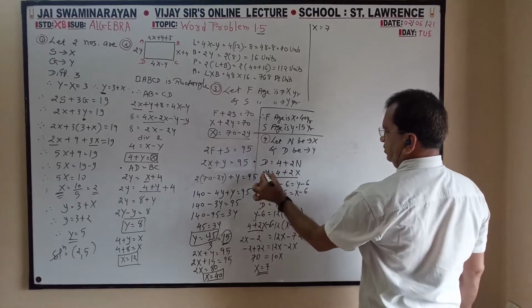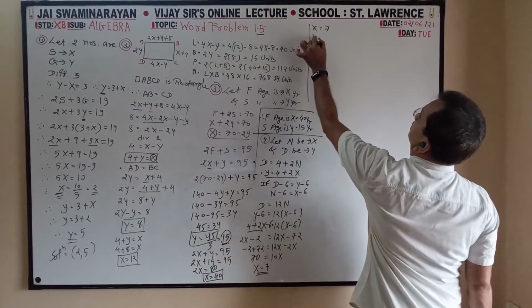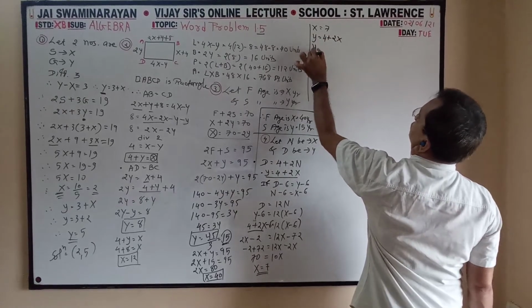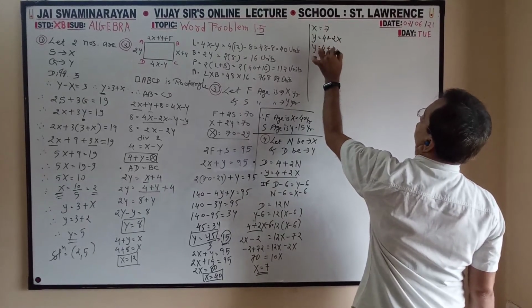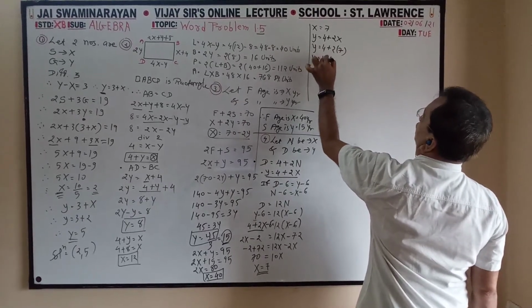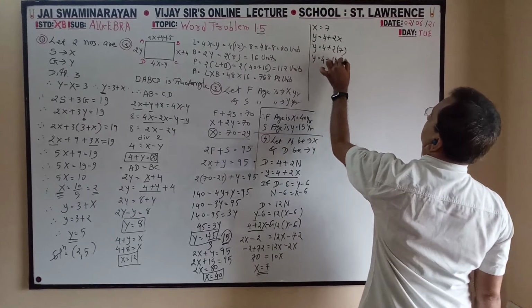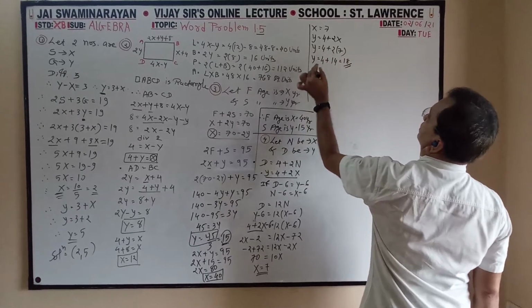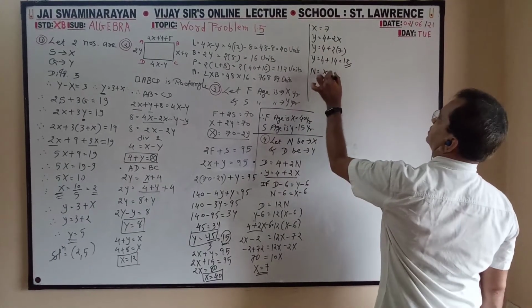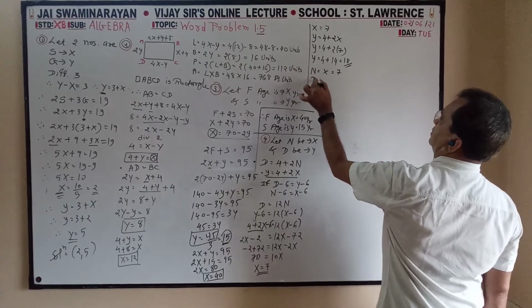And y is equal to 4 plus 2x. So y is equal to 4 plus 2 times 7. So y is equal to 4 plus 14, it is 18. So the numerator is x, it is 7.